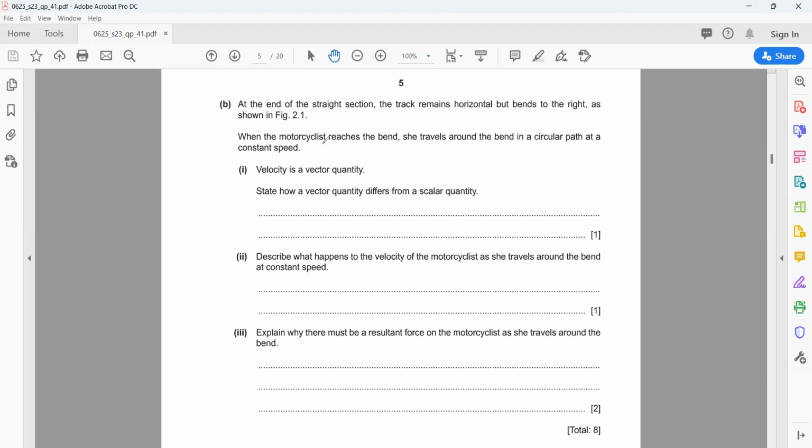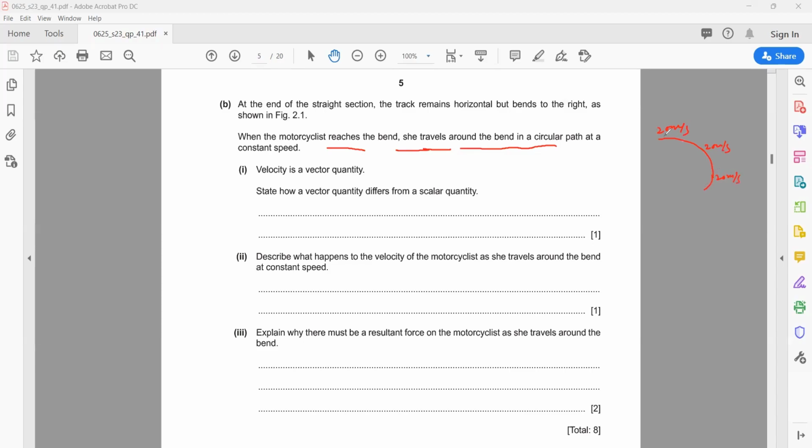When the motorcycle reaches the bend, he travels around the bend in a circular path at a constant speed. So in here, for example, it is 20 meter per second. Here also 20 meter per second. Here also 20 meter per second. It means the speed is constant.